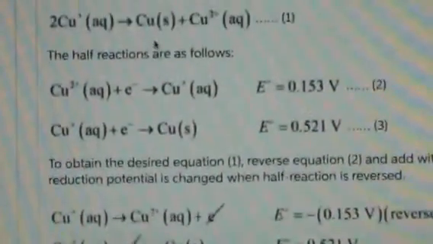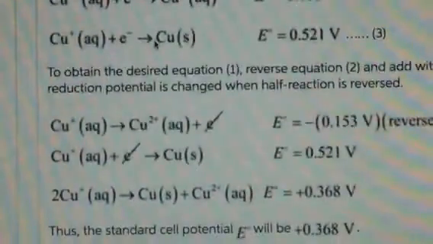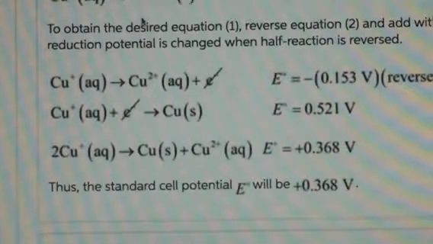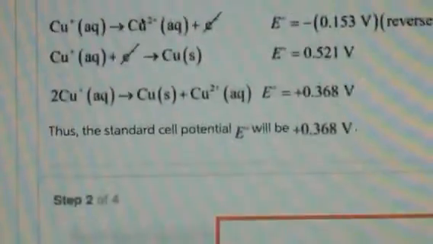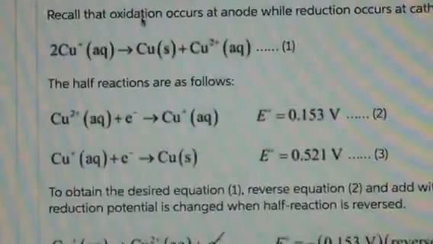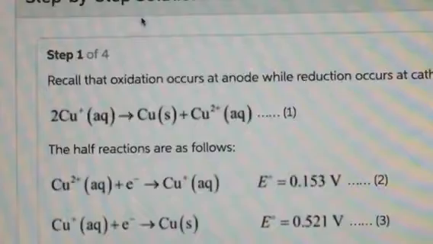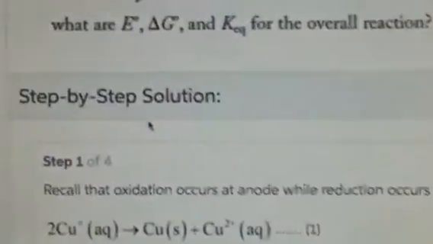And of course, for the overall reaction of 2 cuprous becoming cupric and copper, the electrode potential is highly positive. From this you can work out that delta G will be largely negative, and the K value is also more than 1. It means cuprous ions indeed can undergo disproportionation.